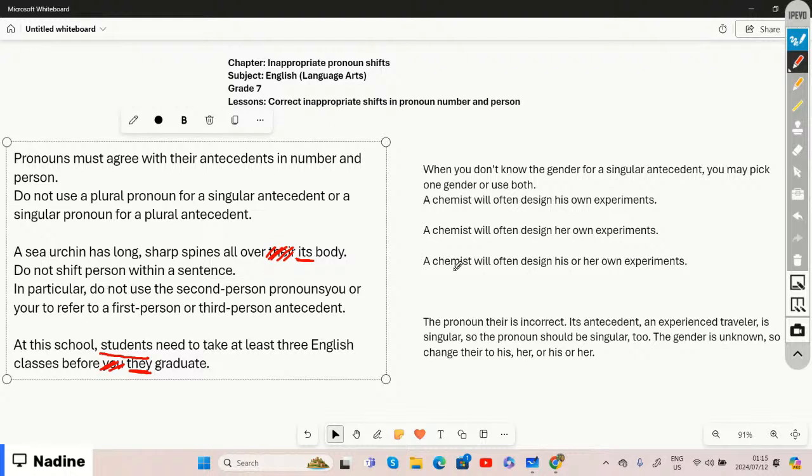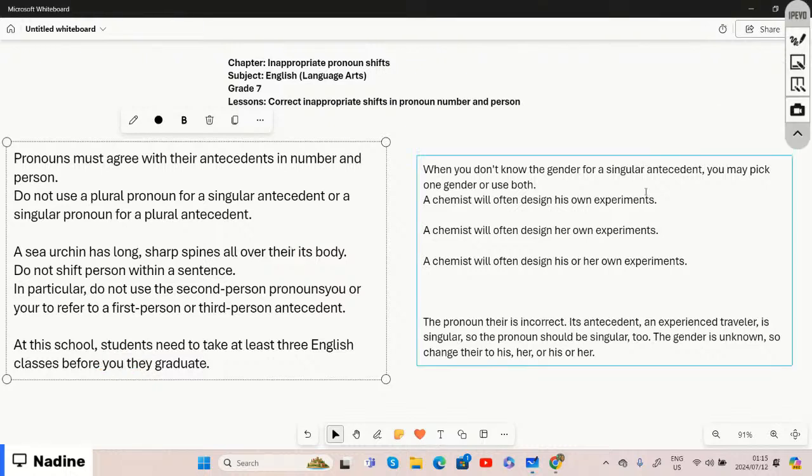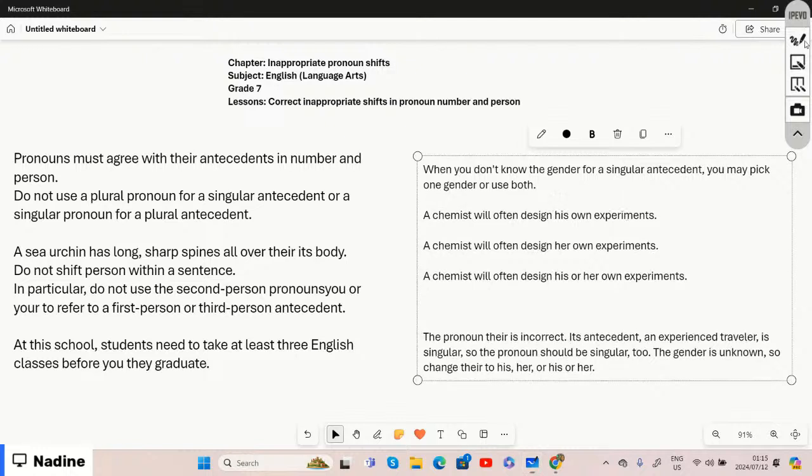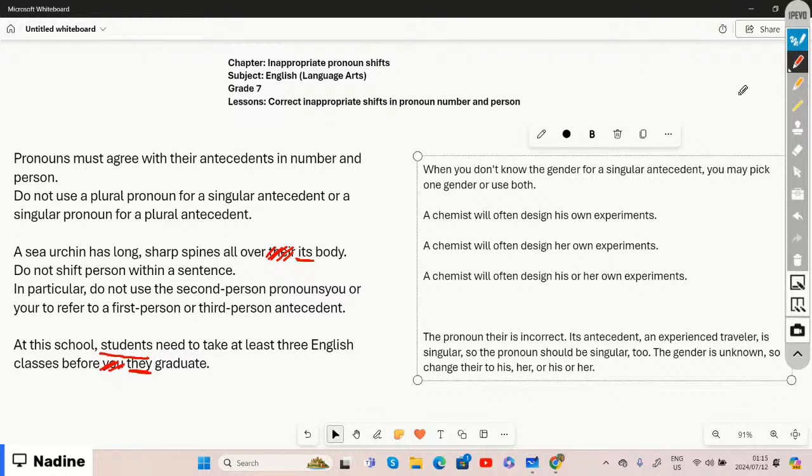All right. And when you know the gender for a singular antecedent, then you may pick one gender or you can use both. For example, we say a chemist will often design his own experiment. His refers to a man.